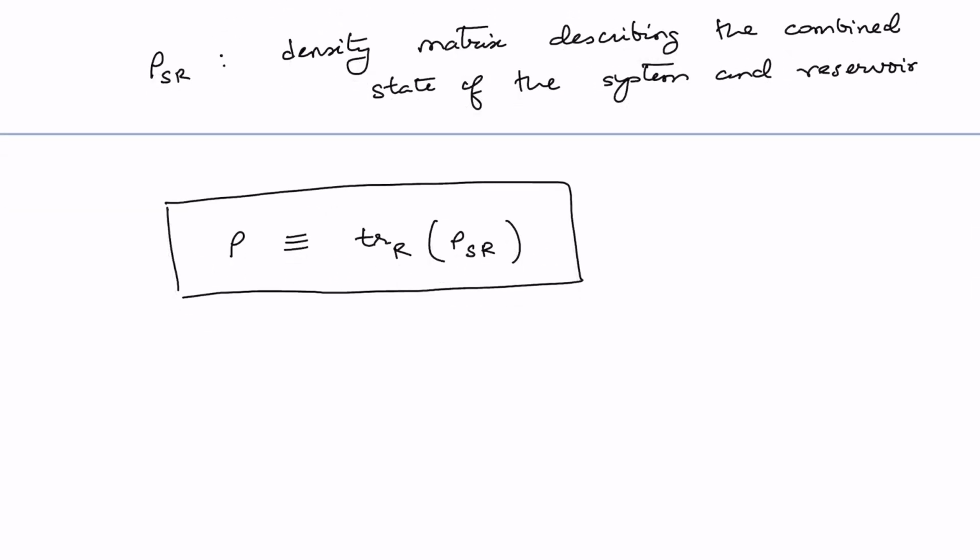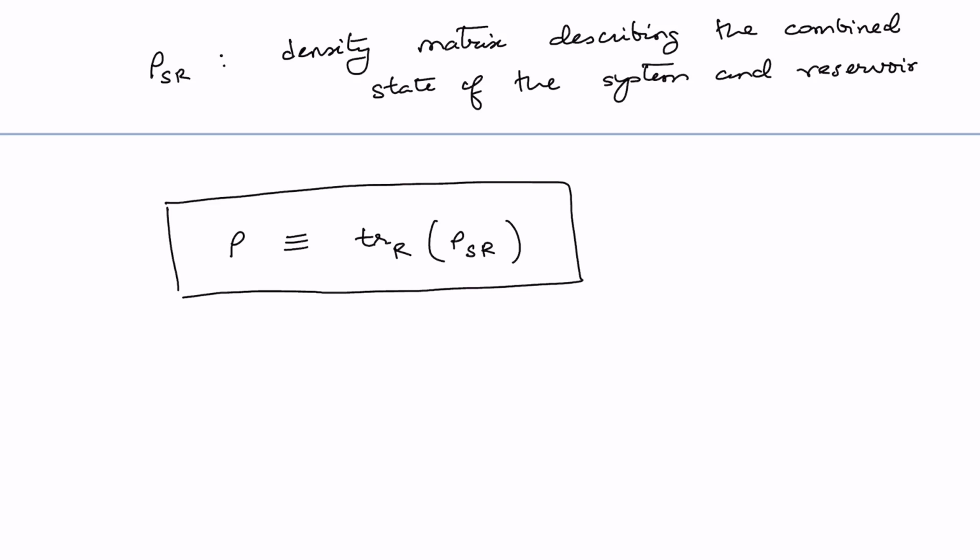Now in order to derive a master equation describing the time evolution of the system state, it is better to work in the so-called interaction picture. I am sure you are aware of the various pictures or representations of quantum mechanics.